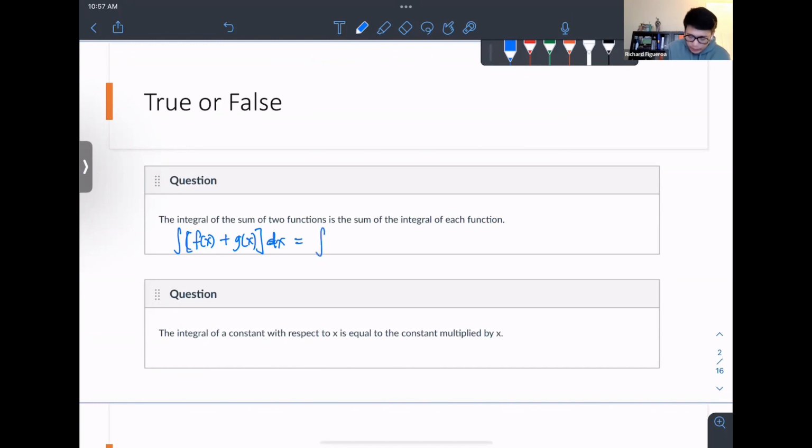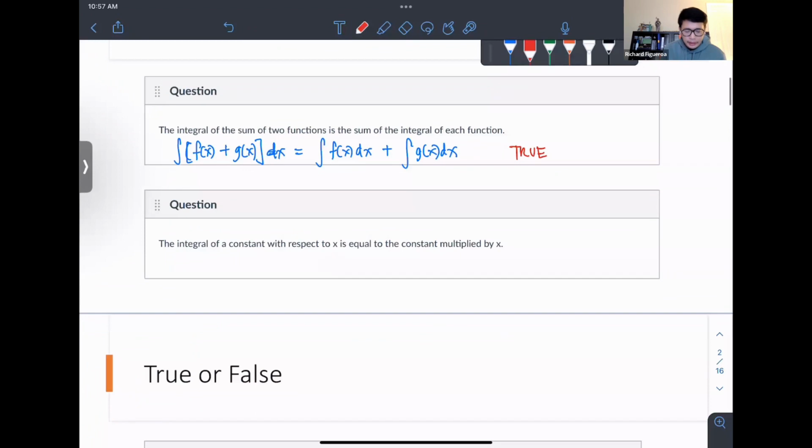That would be the integral of f of x dx plus the integral of g of x dx. This is actually the sum and difference rule of integration. So therefore, this statement is true.